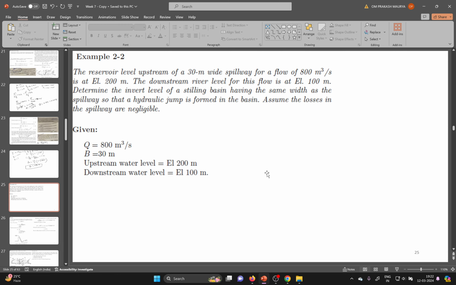So the upstream water level is 200 and the downstream water level is 100 meter, as given in this question. Discharge is given as 800 meter cube per second and width is given as 30 meter.